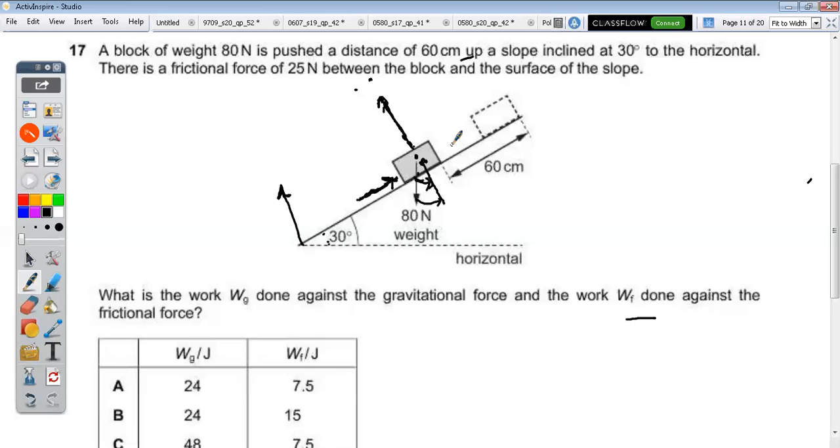If you've got a plane like that, I'm sure you've learned planes like that before. Work done against gravity. You see that? Against what? Gravity. So you see your gravity is what? The 80 newtons there.